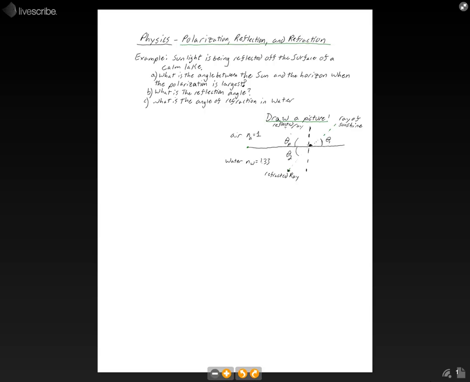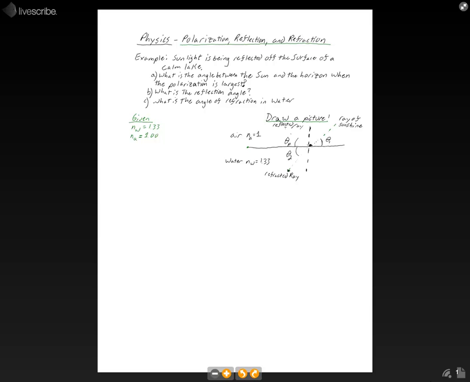We do know that we are dealing with water and air, so for our given information, we know that N sub W, in water, is equal to 1.33, and you can add more digits if you like, and then N sub A, or in air, is equal to 1.00.